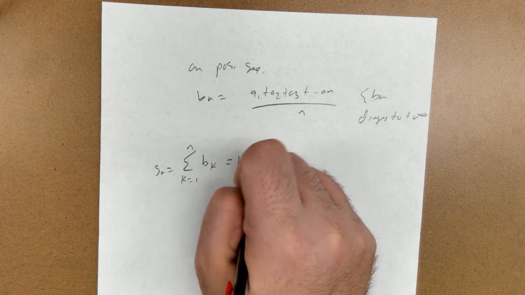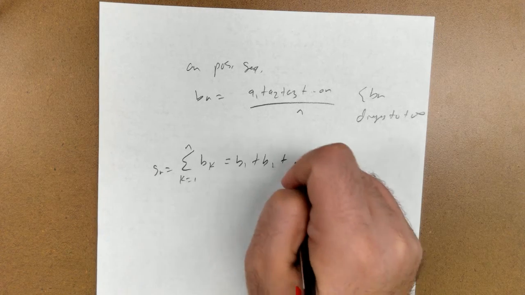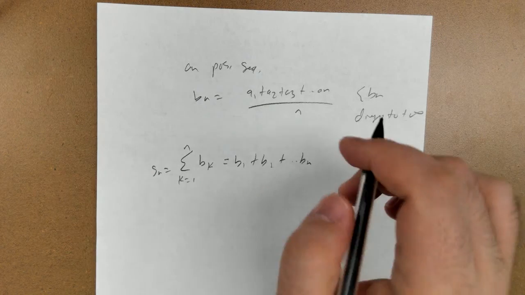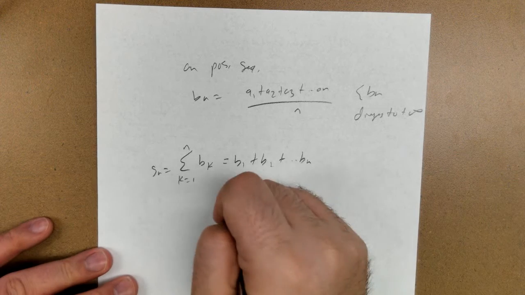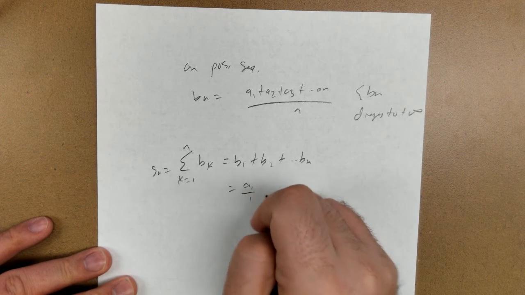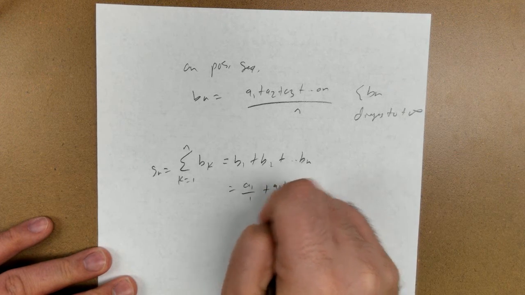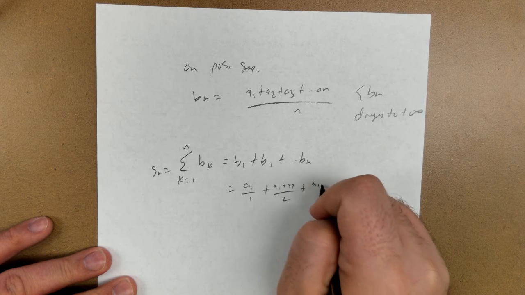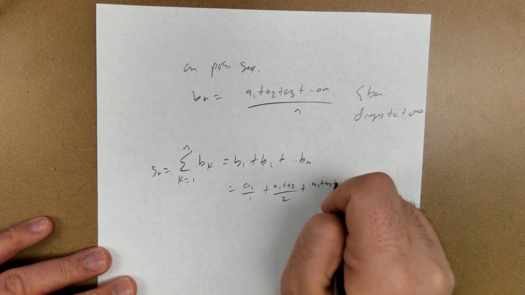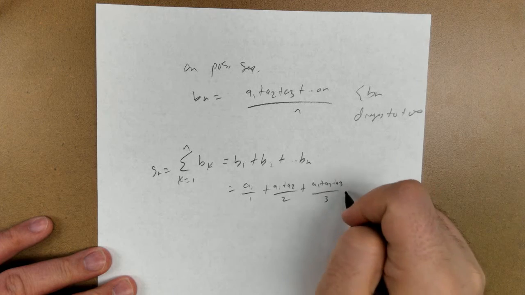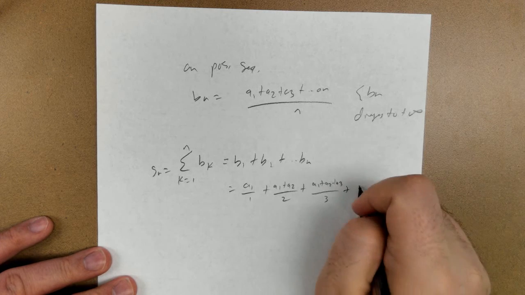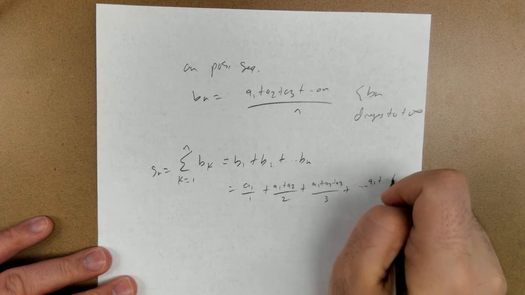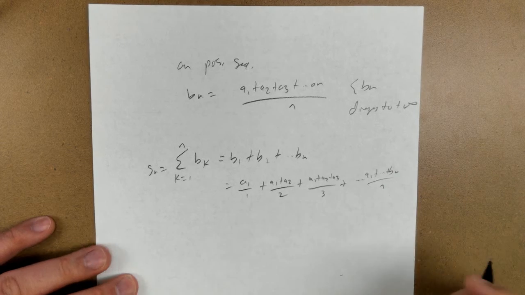So this is the first n Bk's. And now let's write out what those are. This is A1 over 1 plus A1 plus A2 over 2 plus A1 plus A2 plus A3 over 3. And then the last one is A1 through An over n.